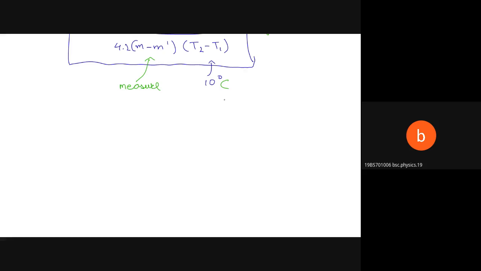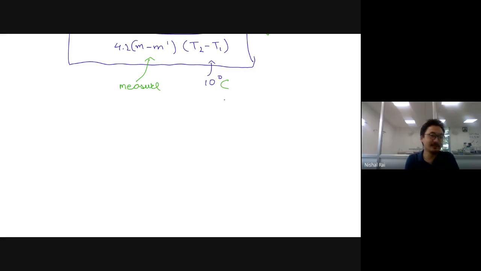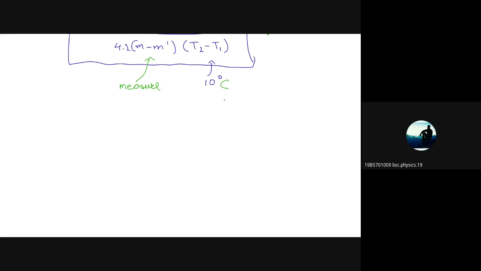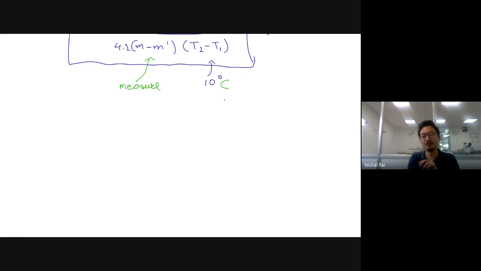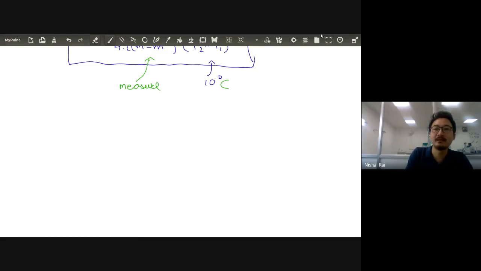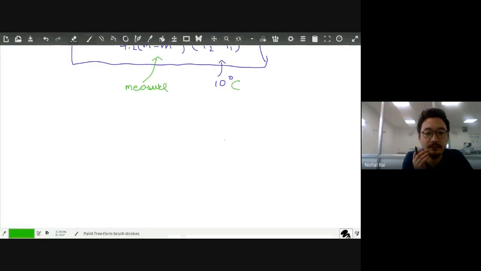The challenge is setting that rate of flow accurately so that the temperature difference becomes constant. From the experimental side, that is the only challenge you will face. It's not really a great challenge, but it's somewhat challenging.